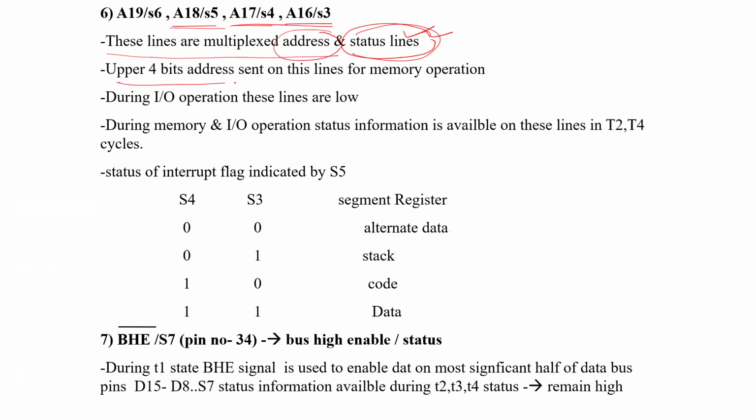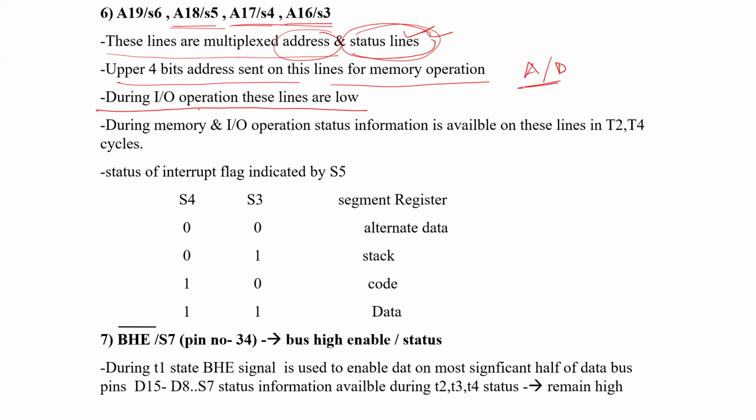Upper 4-bit address is sent on the lines for memory operation. During input-output operation, these lines are low. What is the meaning of that? Suppose when we are working with input and output, at that time I need the address bus and data bus.